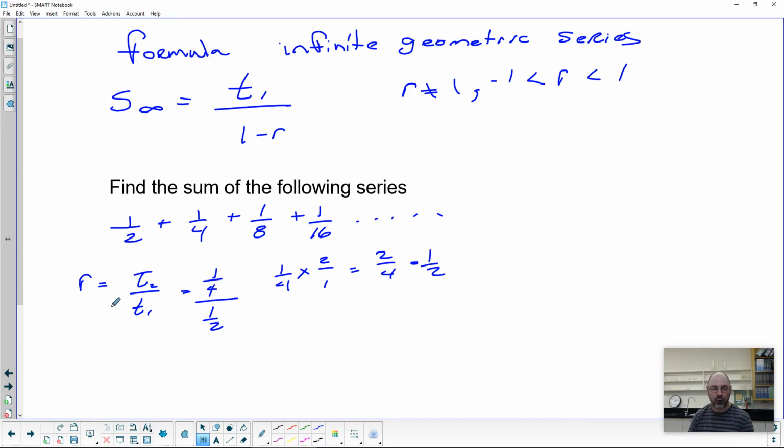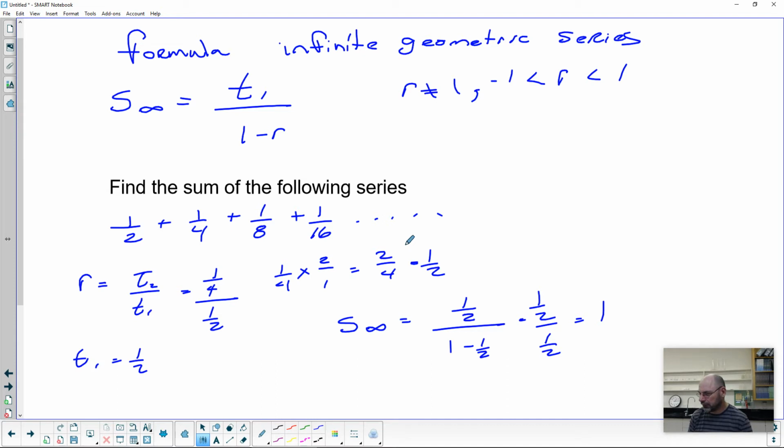So T1 is 1/2 as well, because it's the first term. So R and T1 are both halves. Let's plug our numbers into the formula now. The sum of this series will equal 1/2 divided by 1 minus 1/2, which equals 1/2 divided by 1/2, which equals 1. So the sum of that series is going to eventually come to 1.